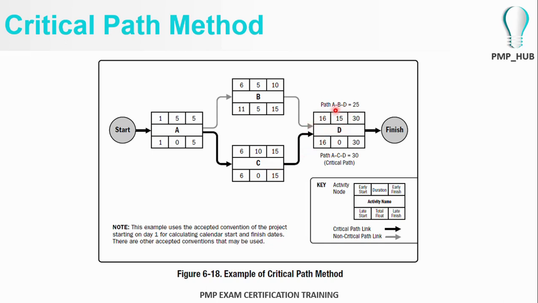Activity D will have a duration of 15 days, and activity D will end on the 30th day. So this is the calculation method for the earliest start date and the earliest finish date. In the critical path method, we go on a backward calculation to find out the float.